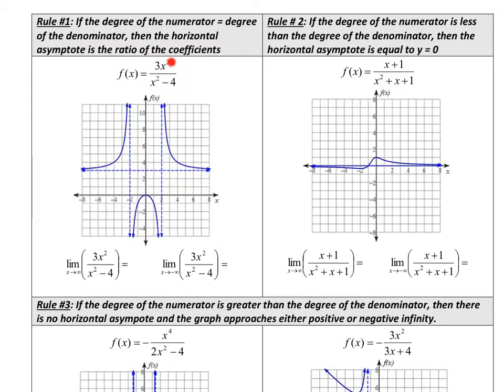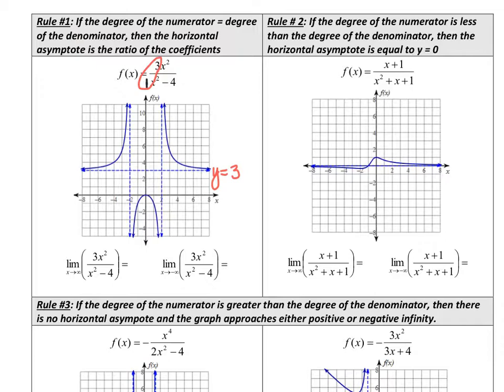So the degree of the numerator is 2 and the degree of the denominator is 2. The coefficient of the numerator is 3, the coefficient of the denominator is 1. So we take the ratio. So the ratio would be 3 over 1, which reduces to 3. So if you look here, that's how they got the line y equals 3.